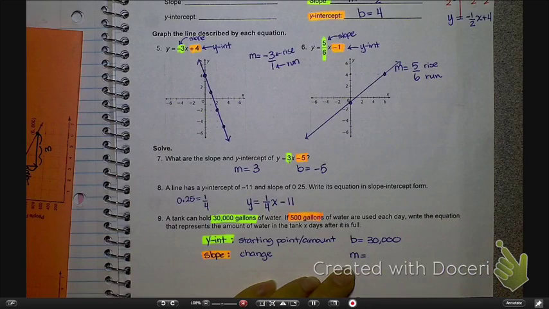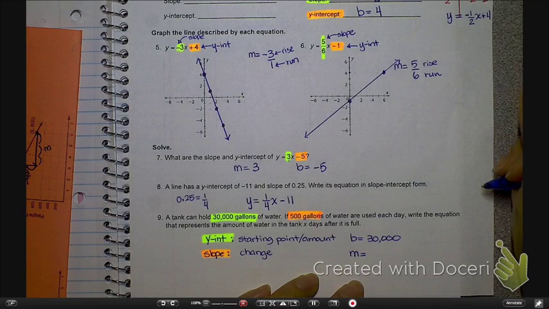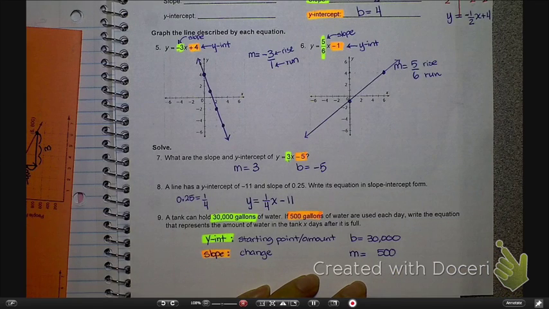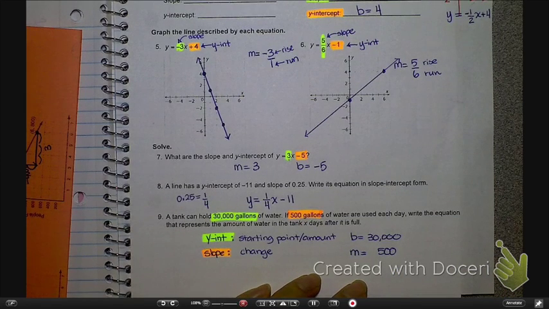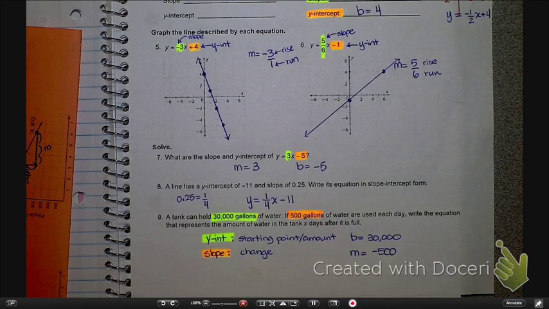Now, let me ask you guys, is it increasing by 500 or is it decreasing? If they're using the water from the tank, that means it's decreasing. So is this slope going to be positive or negative? Well, if it's decreasing the amount, yeah, it's going down 500 each day. Does that make sense there?